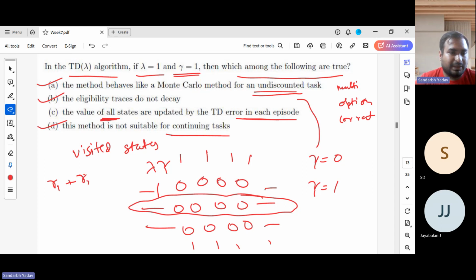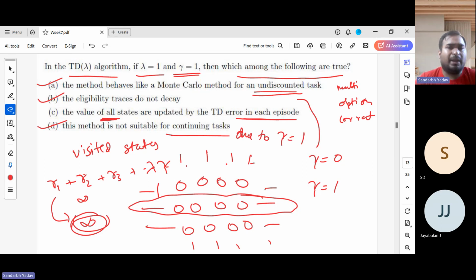If at the second step we get R2, then R3, and we keep continuing till infinity, this summation, which represents the value function, might go to infinity. So this method is not suitable for continuing tasks, and this is because gamma equals 1. For episodic tasks, we can afford gamma equals 1.